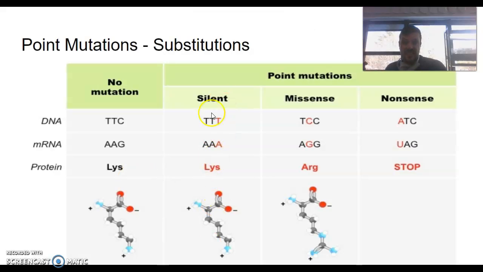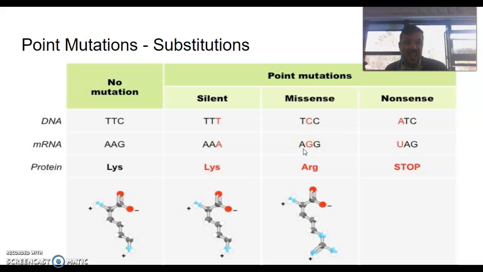So in this case, this would be considered a silent mutation, because effectively there is no difference between the original DNA and the new DNA other than the fact that we have one base different, but the outcome is the same. It's still lysine.